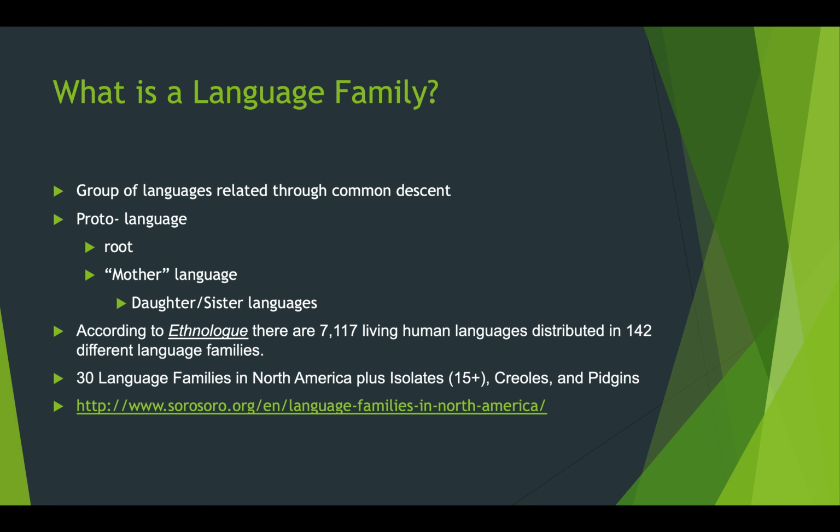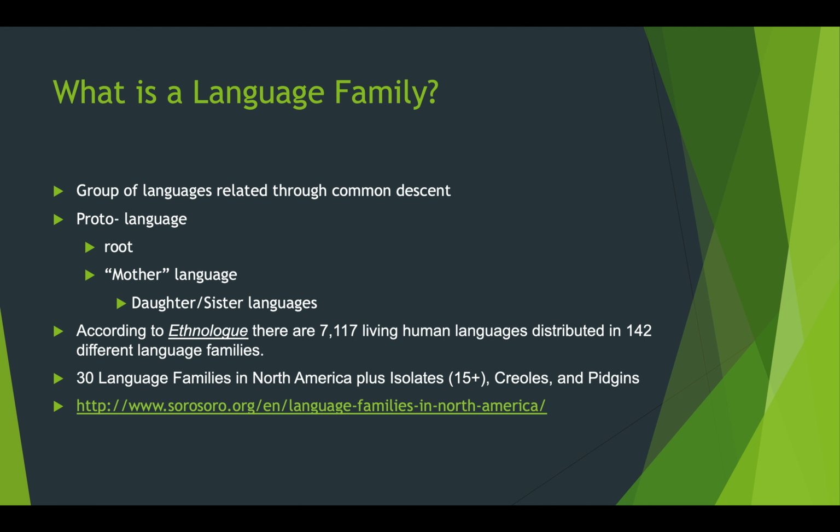According to the language website Ethnologue, there are 7,117 living human languages distributed in 142 different language families. And this is across the world. This is not just North America. There are about 30 language families in North America, and about 15 isolates, those languages that don't fit into language families.